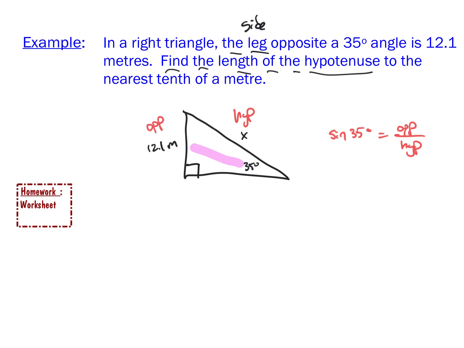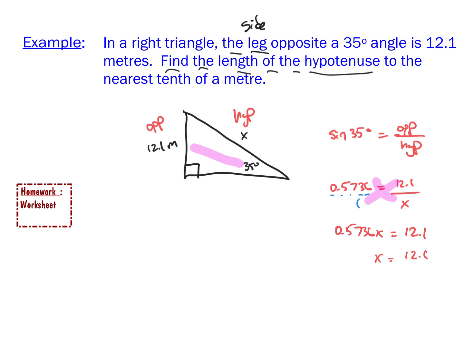Sine 35 is 0.5736 to 4 decimal places. The opposite is 12.1. The hypotenuse is x. We'll drop an invisible 1 underneath. And then we'll go ahead and do that cross multiplication stuff. So we get 0.5736 times x equals 12.1.